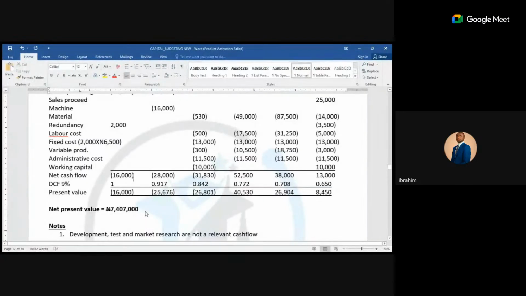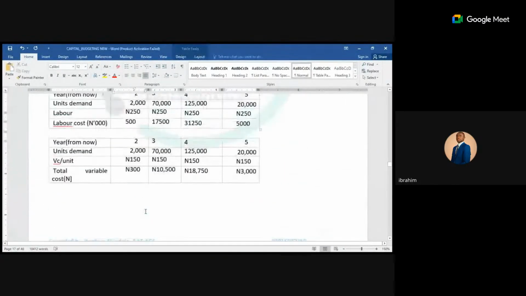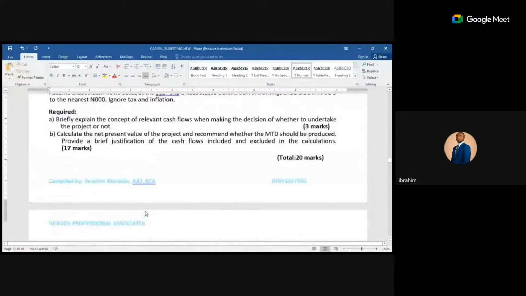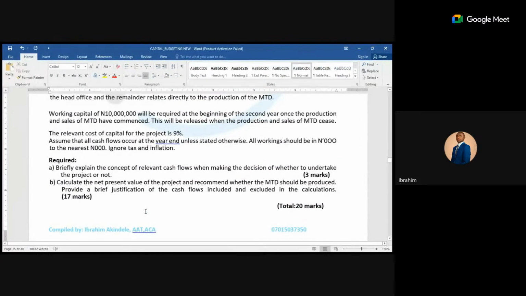Your recommendation, or you can write down the decision that the project is viable, and it will maximize the shareholders' wealth.